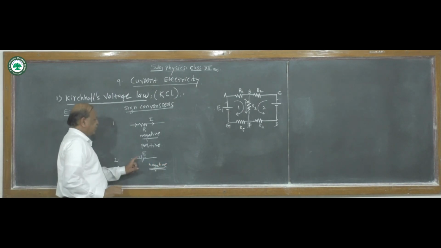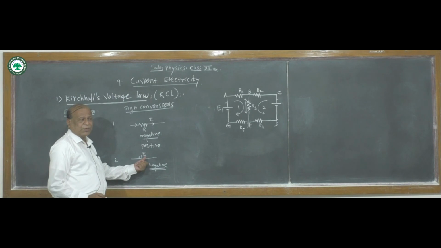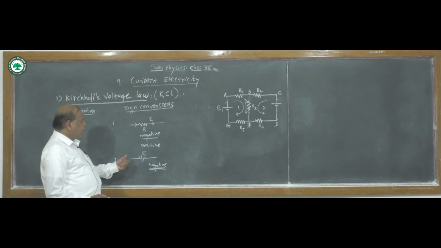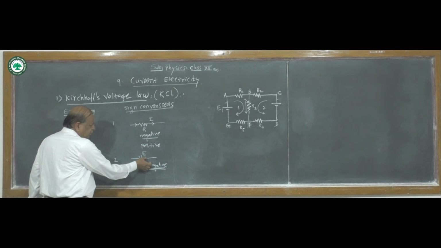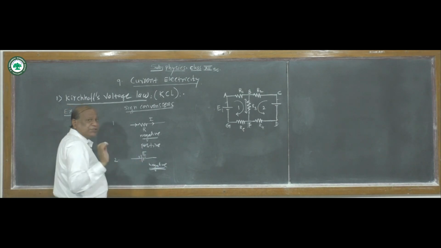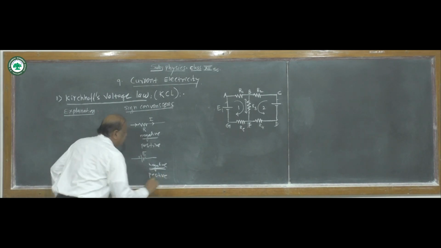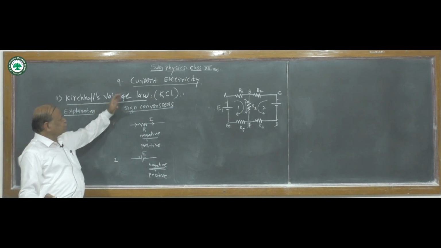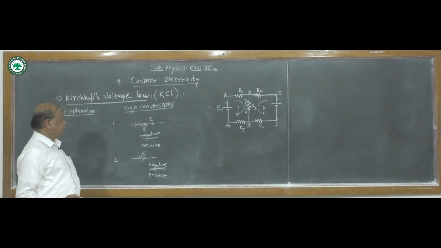EMF is negative when we are traveling from this positive terminal to the negative terminal of the source of EMF E. And when we are traveling from the negative terminal of the source to the positive terminal, at that time EMF is denoted as positive. Okay, these are the two very important sign conventions concerned with the electrical network.